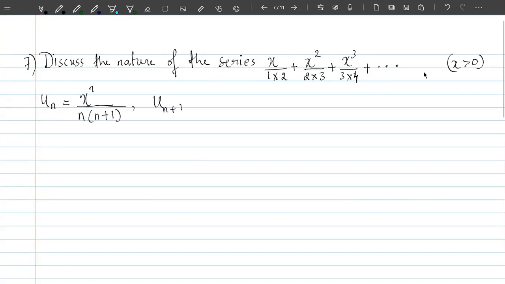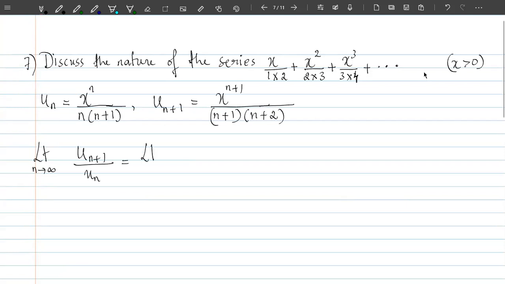What should be un plus 1? Un plus 1 will be nothing but x power n plus 1 divided by n plus 1, which is multiplied with n plus 1 plus 1 now, that is n plus 2. Let's calculate the value of limit n tending to infinity, un plus 1 divided by un.